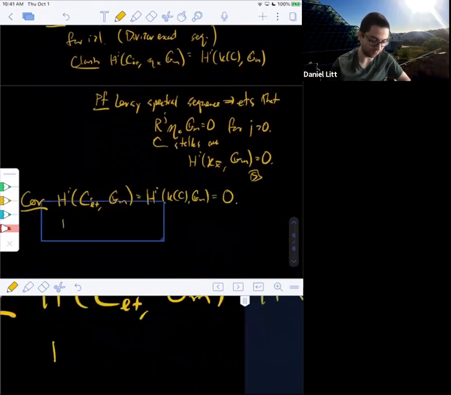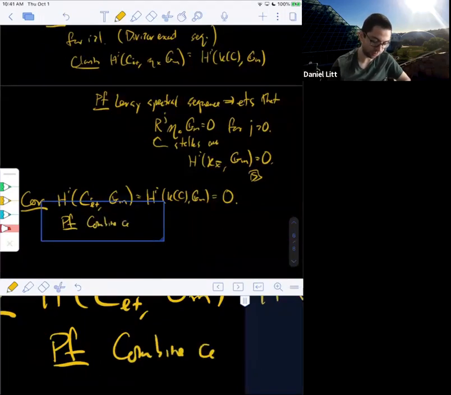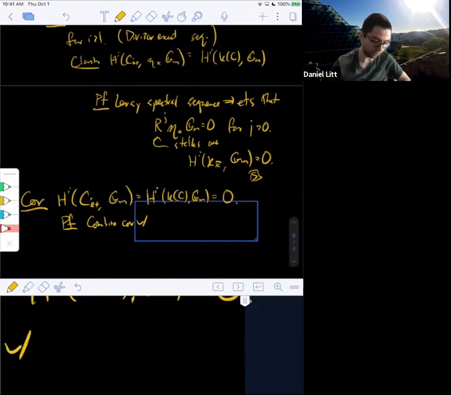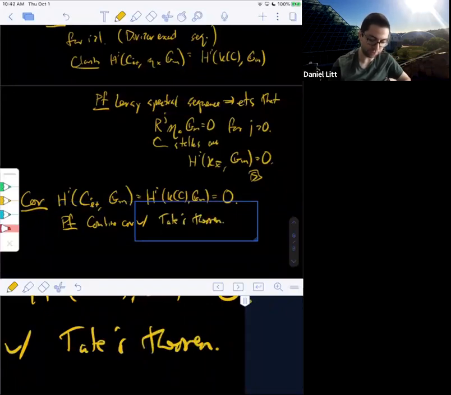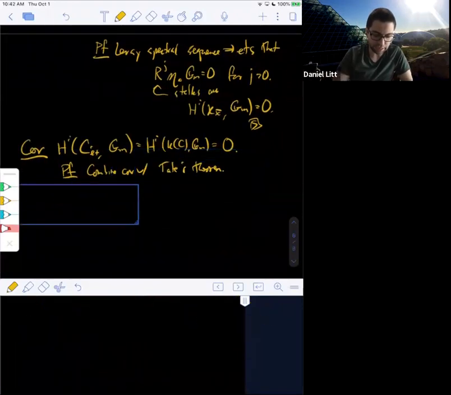So the proof is literally combining the corollary with what I call Tate's theorem, so the vanishing of the group on the right. Are there any questions about that? Okay, and now we win.